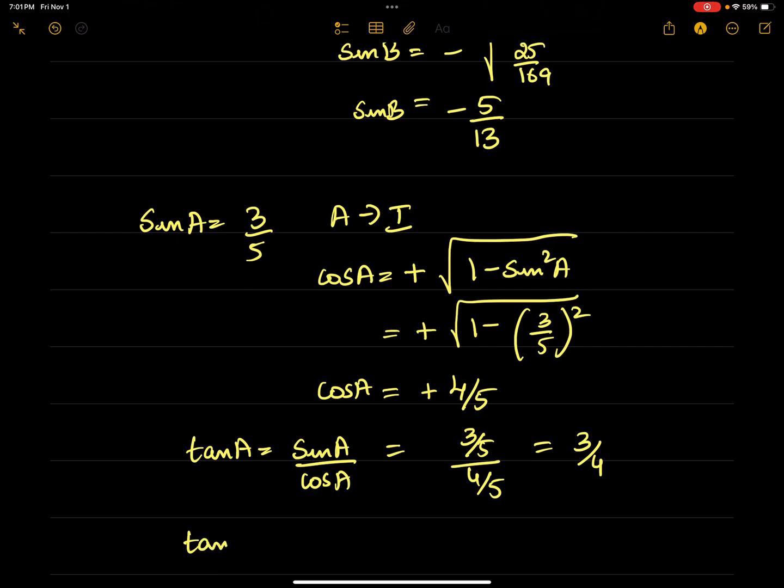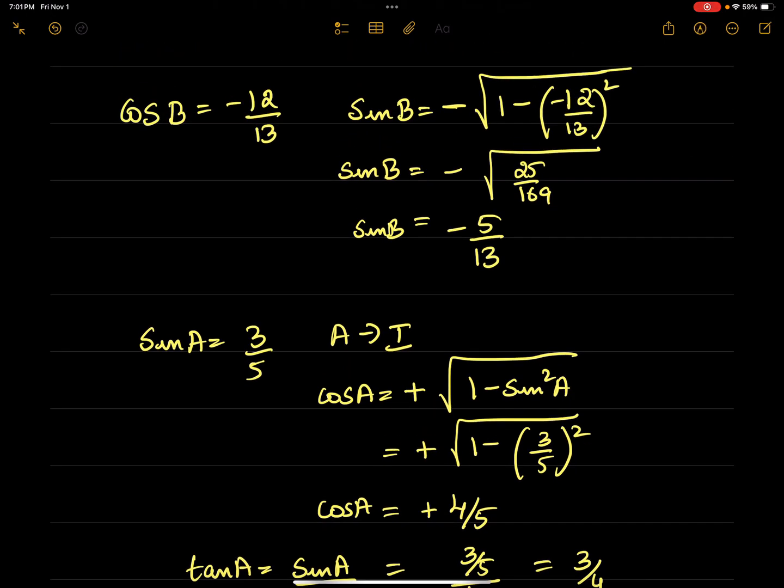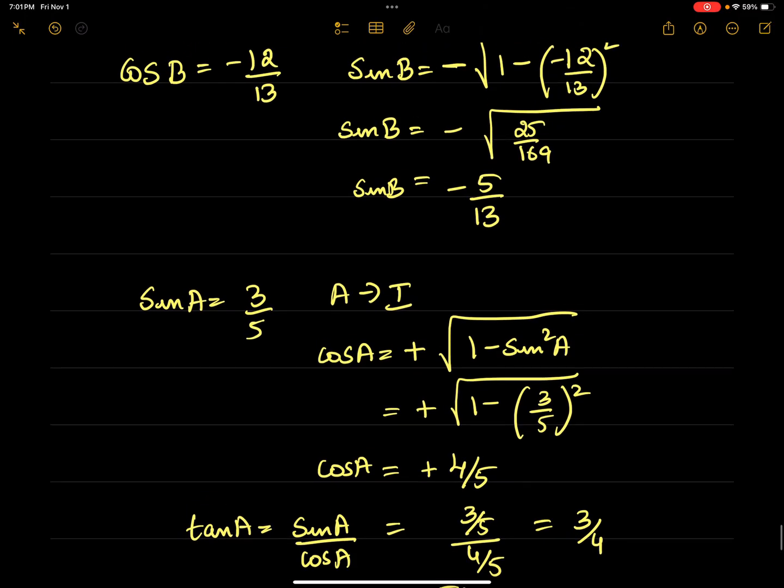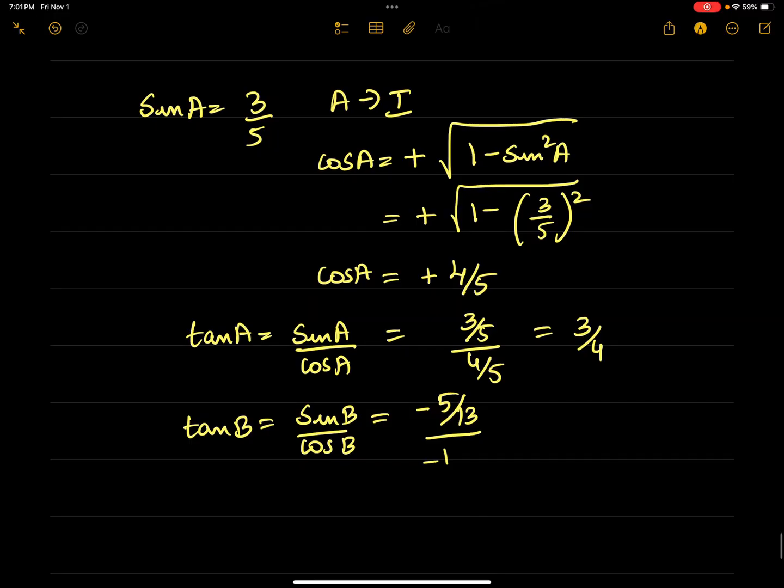Similarly, tan B is equal to sin B by cos B. So sin B is minus 5 by 13 and cos B is minus 12 by 13. So we would get 5 by 12.